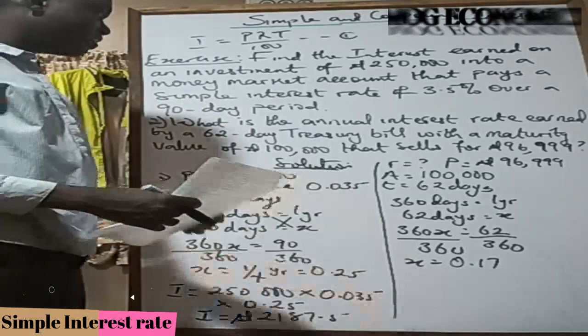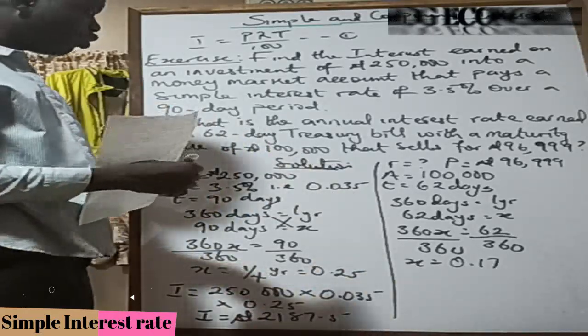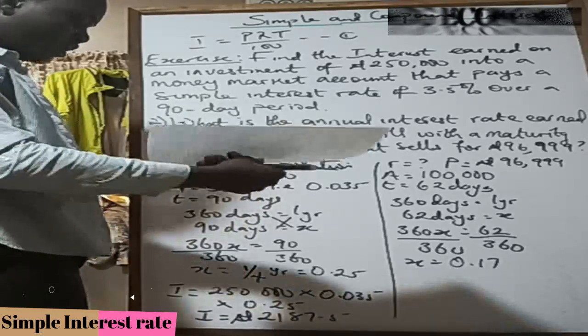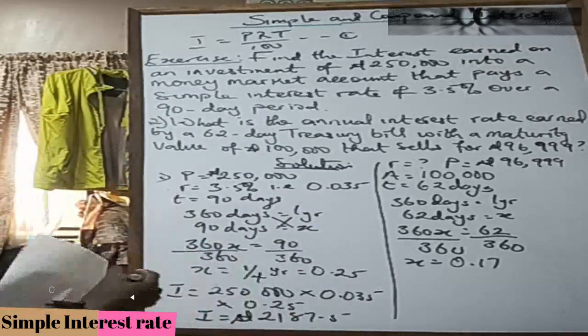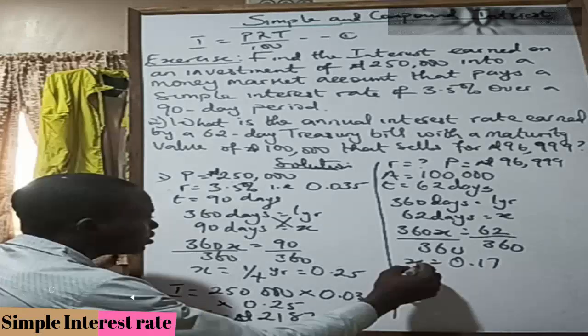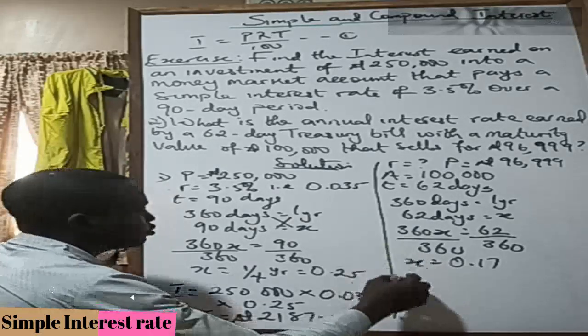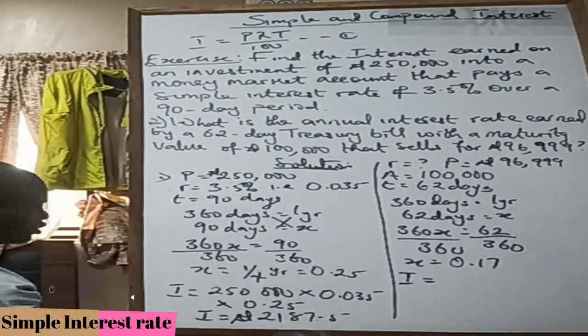Okay, so since x is that, what we're looking for is R. So what do we do? It's not difficult. We already know the interest formula, PRT over 100.